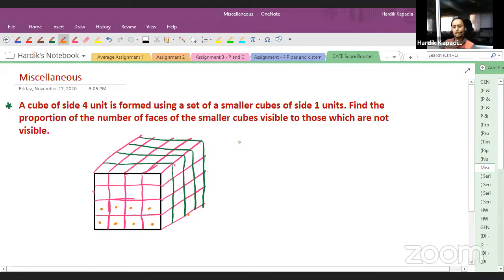Okay. So now, just tell me the total number of smaller cubes. Don't write the answer. Just tell me the total number of smaller cubes.